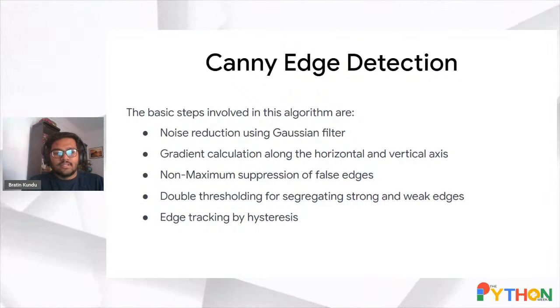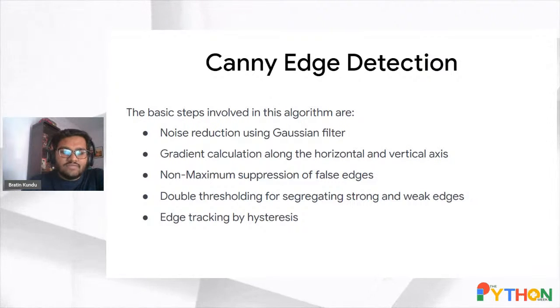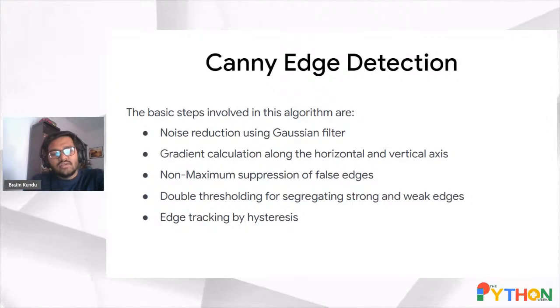Then the next one is the threshold gradient. Why do we use that? We have a lower and an upper gradient threshold that we fix while we detect the edge. If you see an image, there are many pixels and every pixel has a different gradient.